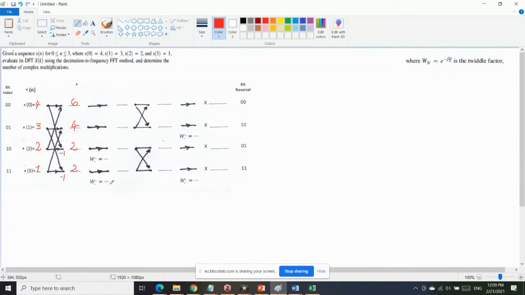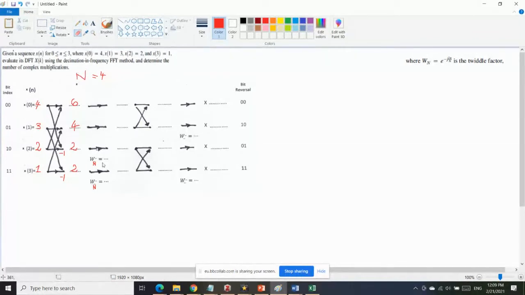And then now we're going to have to multiply this with the twiddle factor. First, what is n? We need to know n because the twiddle factor is W_N. So n is 4 for us.